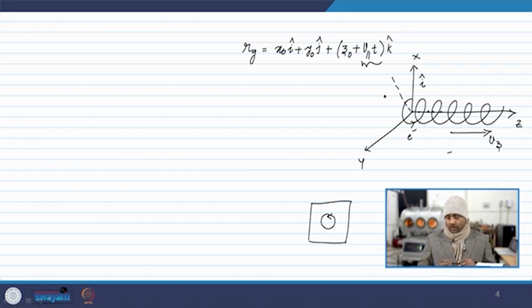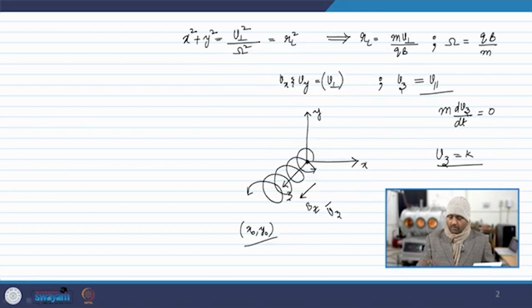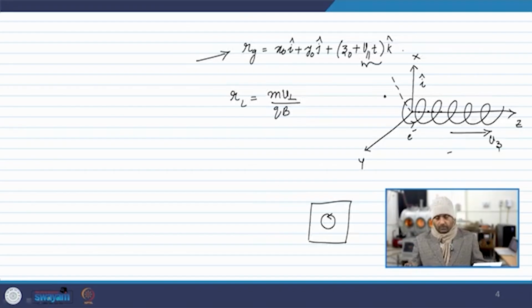You remember this. Now, let us say the radius, we will come back to this, RL is m v perpendicular by qB. That means the radius will be small for lighter particles when the mass is very small. But when you consider ions, the radius will be larger.